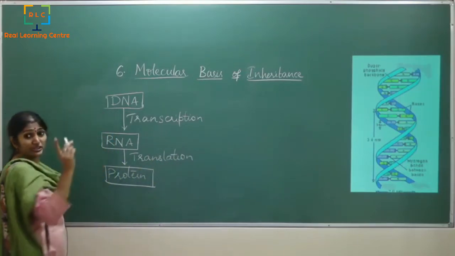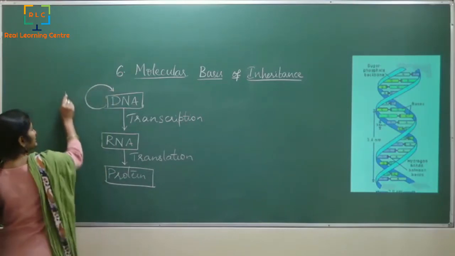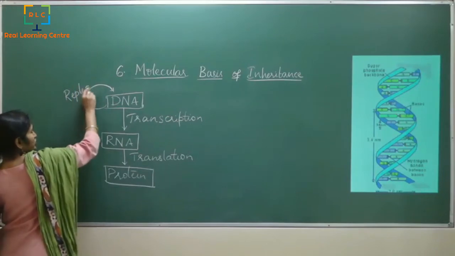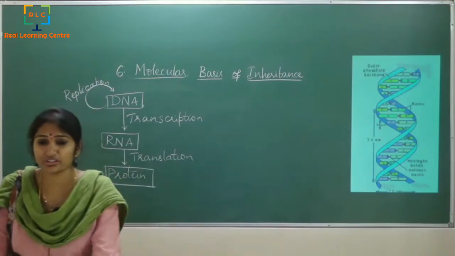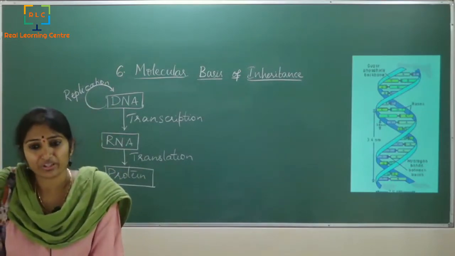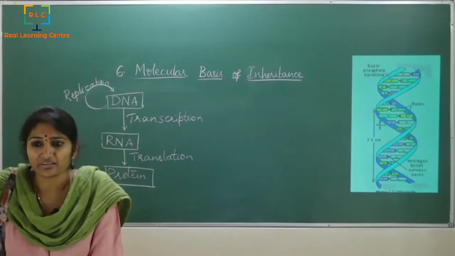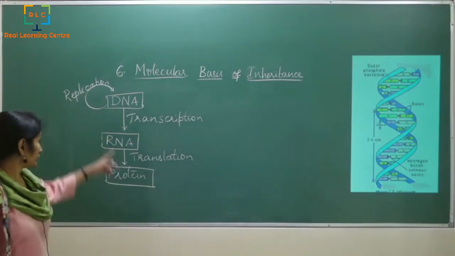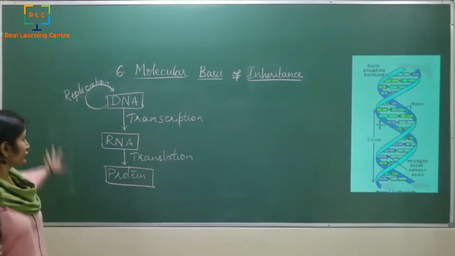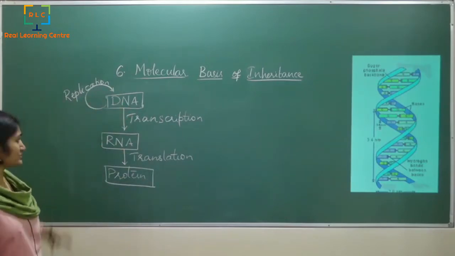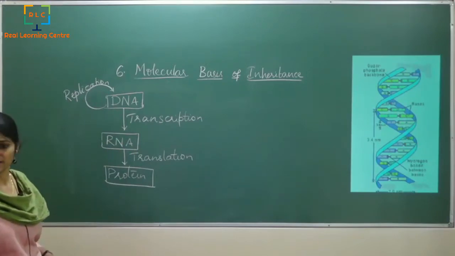But please do remember that DNA also has the ability to make more DNA, which is called replication. So for the DNA to efficiently act as a genetic material, it is able to carry out replication, can give rise to RNA by the process of transcription, and RNA has the ability to give rise to a protein. The whole of the molecular basis of inheritance is dependent on these processes of replication, transcription and translation.